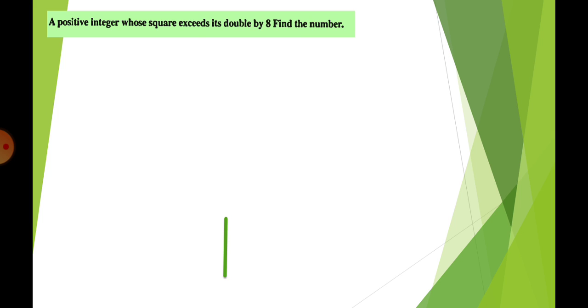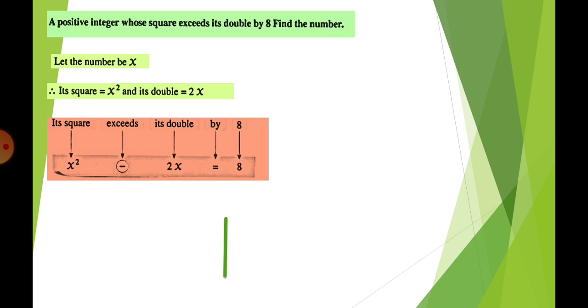Its double means 2x. Now we translate: the number's square, x power 2, minus its double, 2x, equals 8. So we can write the equation x power 2 minus 2x equals 8.